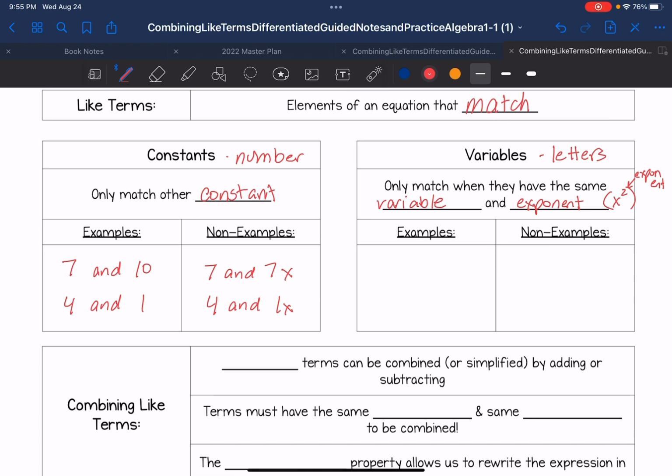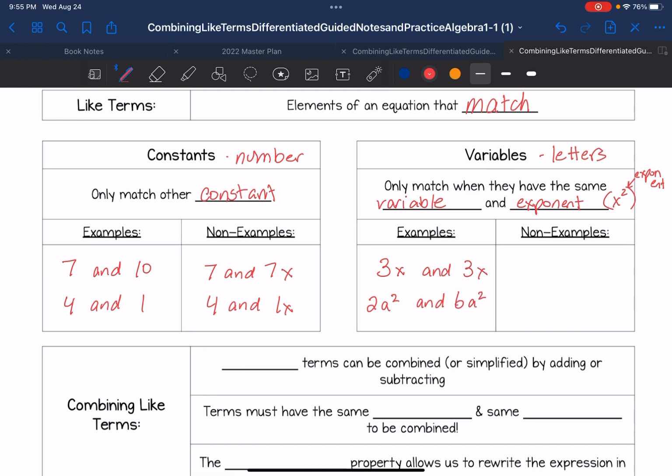So an example of variables that match each other would be 3x matches 3x. And then let's try another one. How about 2a squared and 6a squared?